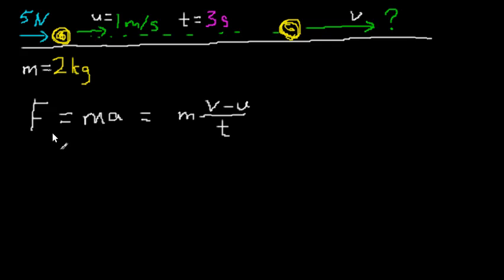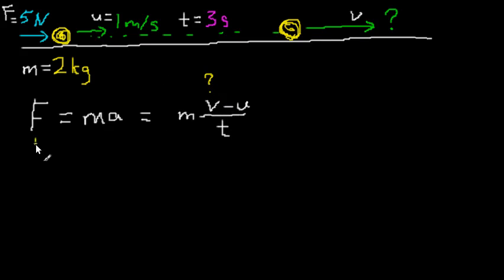So if you look at this equation now, of course, F is the force of 5 newtons. If you look at the given information and the force equation, you'll find that everything in the equation has been given except for v, which we need to find.